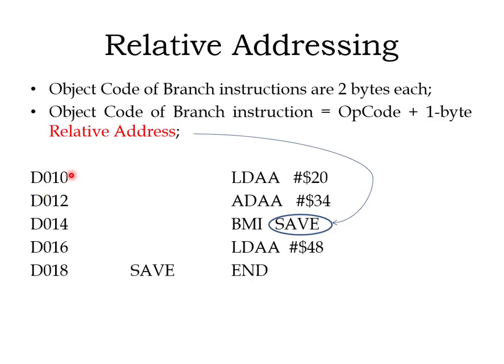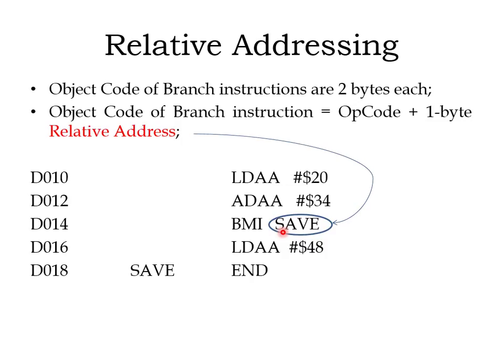Now, if somebody tells me that the object code of line 3, which is the branch instruction, will be 2 bytes, I don't know what the bytes will be. I just know the first byte will be the opcode, which I can get from column 5 for BMI, or for any branch instruction. But I don't know exactly how I get the relative address at this point, which I'll be writing for the labels.